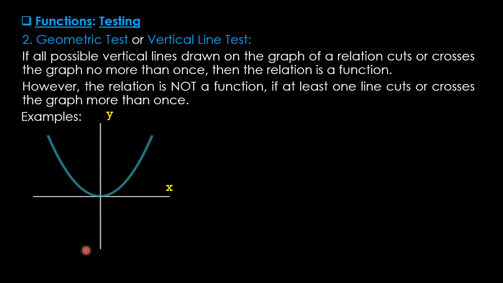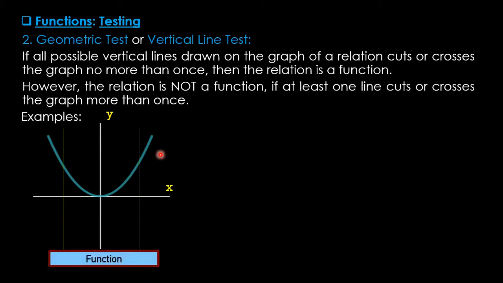In this case, if we draw two vertical lines like this, we can see they are not crossing the graph more than once, each one of the vertical lines is crossing the graph only once, that's why the relation represented by the graph is a function. So that's the conclusion. It's very straightforward.